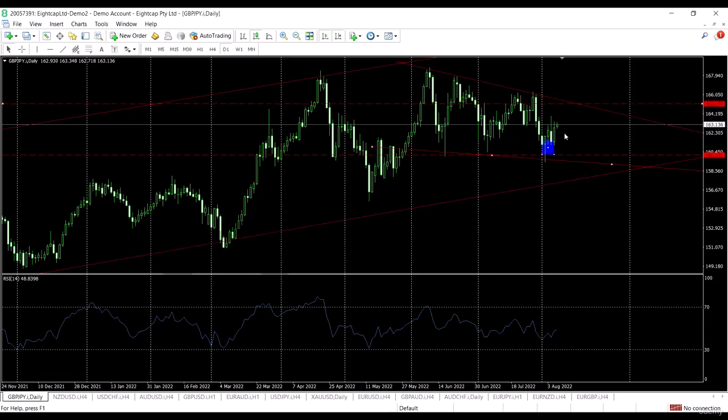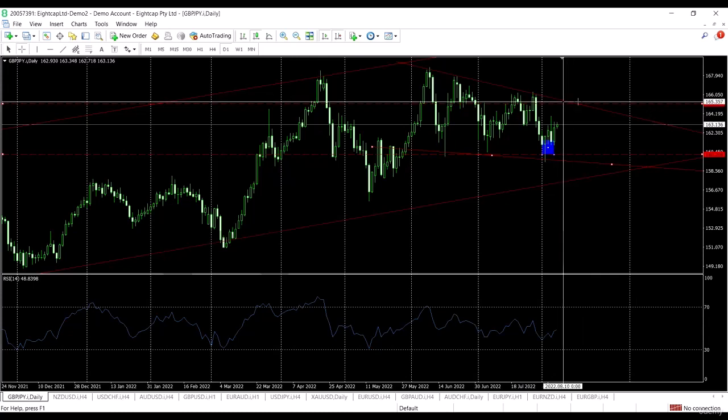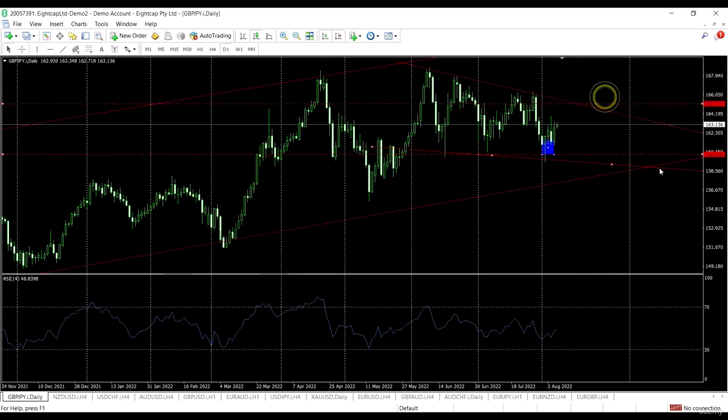A sell limit has to be above the current price and a buy limit has to be below the current price. So I'll basically be telling the broker to enter a sell trade for me when the price reaches here, for example. Then I'll be telling the broker to enter a buy trade for me when the price reaches here. So this is a sell limit and this is a buy limit order.